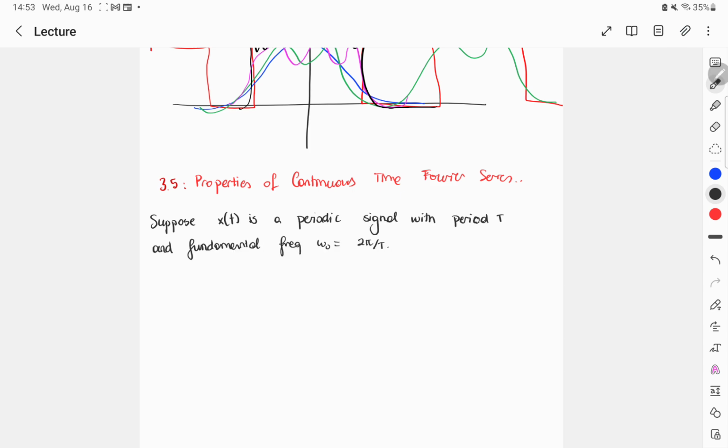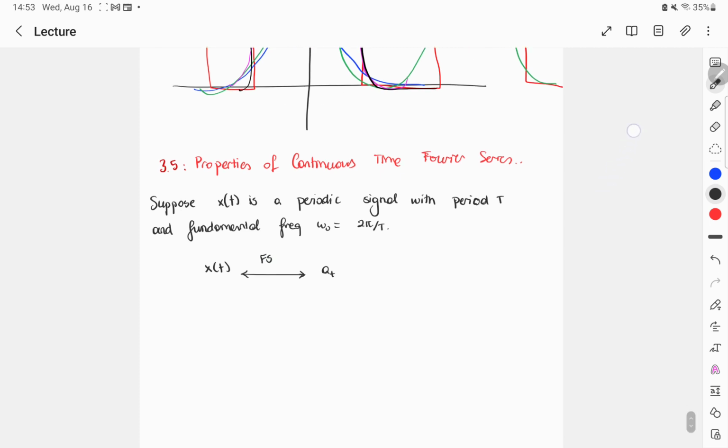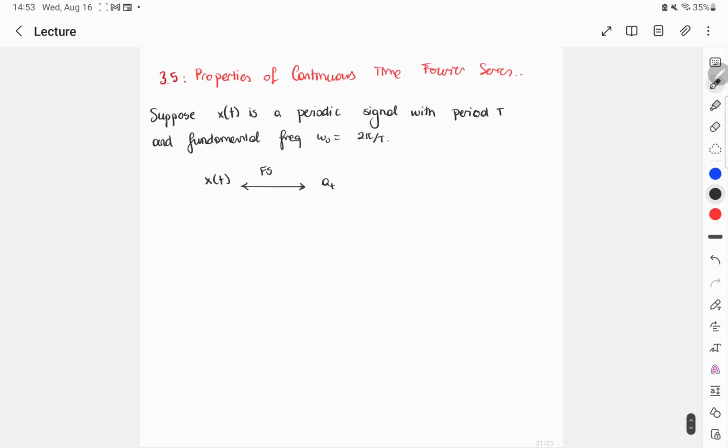Now if we have the signal x(t) and the Fourier series transform as a_k, now let us see how these change as different processes are conducted over these.